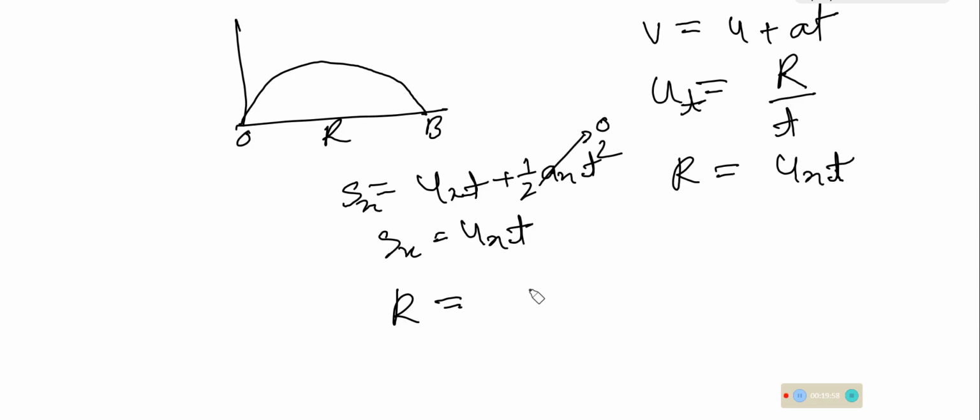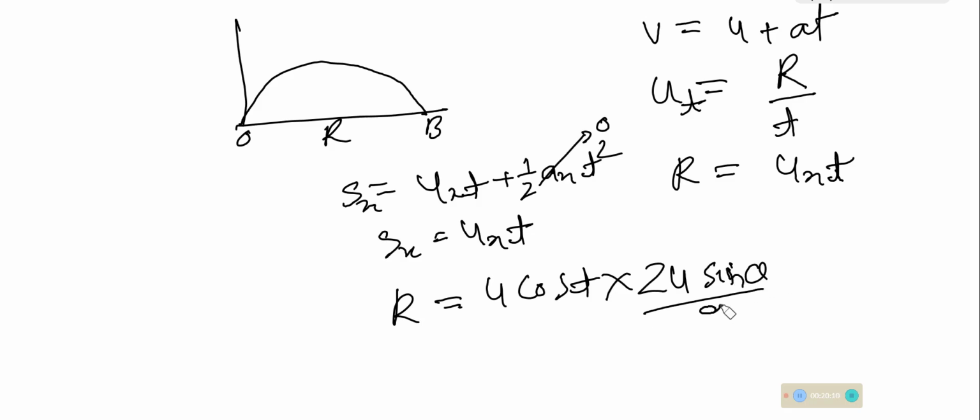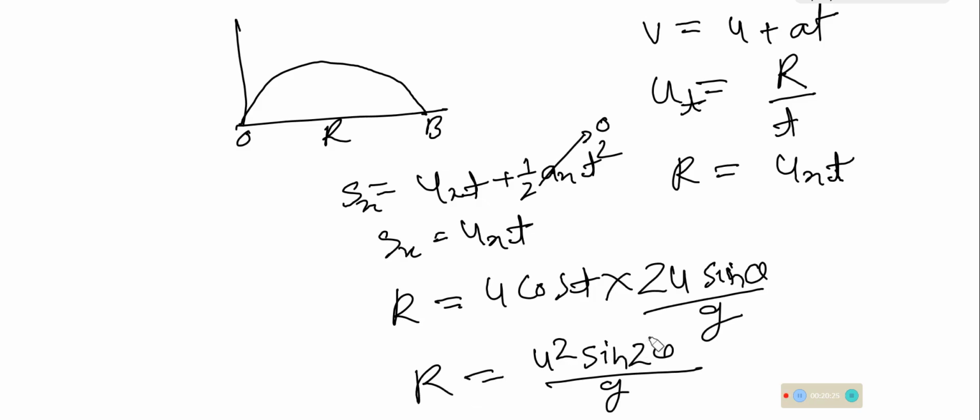Ux is u cos theta, and T is the time of flight, which is 2u sine theta upon g. You know that 2 sine theta cos theta is equal to sine 2 theta, so this is u square sine 2 theta upon g, and this is the horizontal range of the particle.